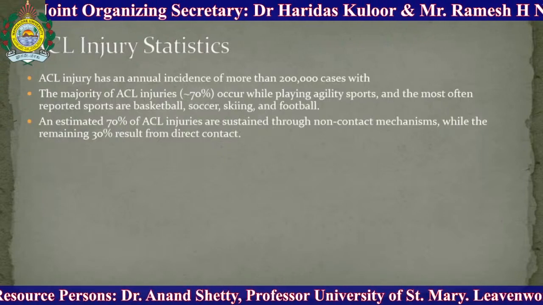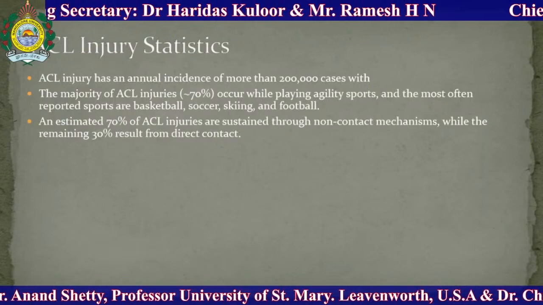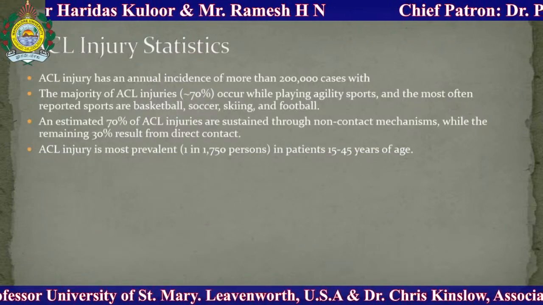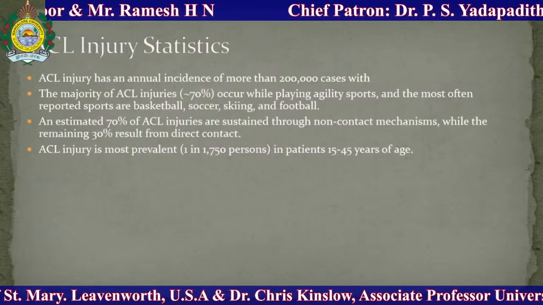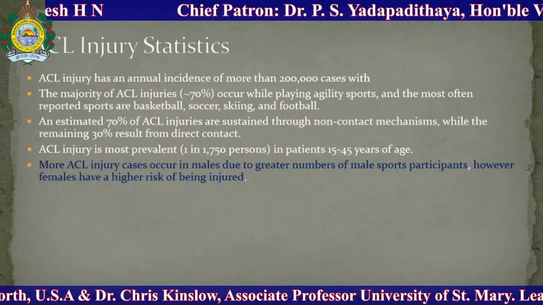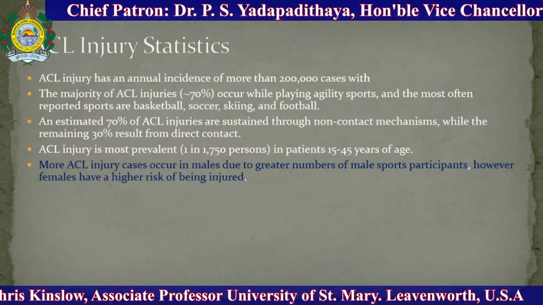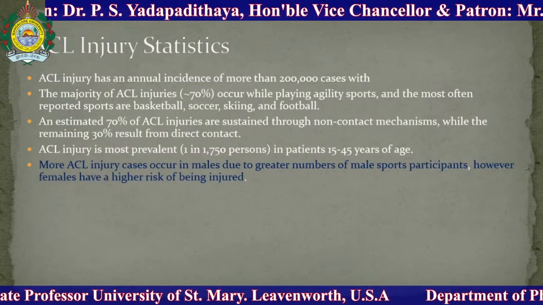30% of them occur from actual direct trauma. Someone runs into your knee, someone falls on the knee, someone hits the knee. The ACL is very common in our younger age clients, 15 to 45. And while males do have a higher number of these injuries because they do participate in contact sports more commonly, females actually have a higher percentage.